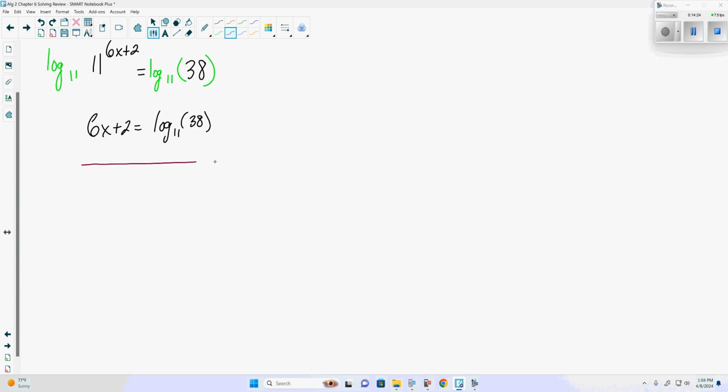Now we just need to solve for x, yes? And I will tell you log base 11 of 38 is not going to reduce nicely. Well, the first thing we can do is subtract 2, telling us 6x is equal to... Is x by itself?